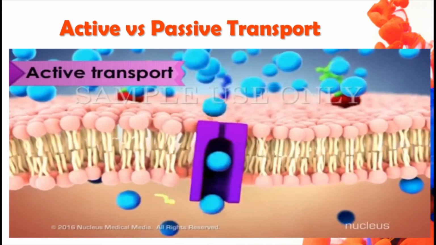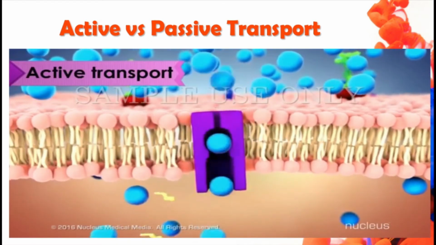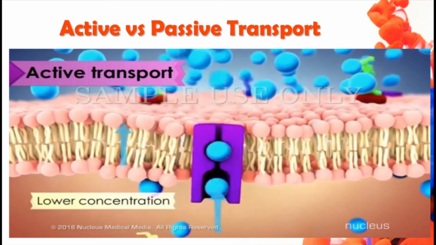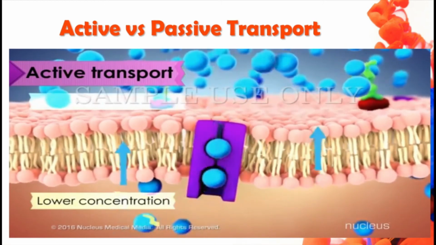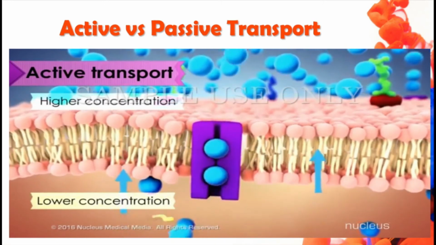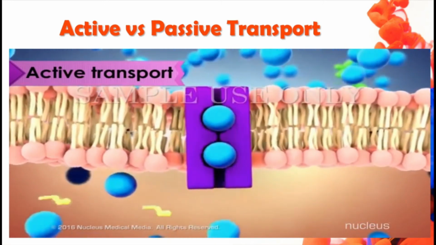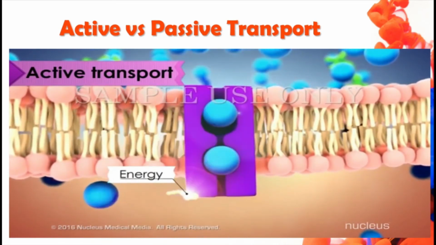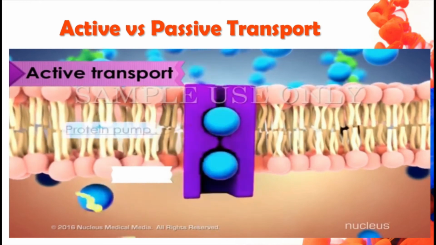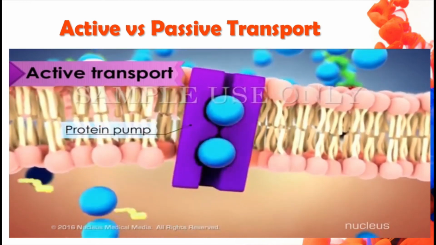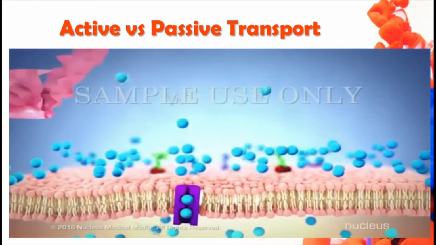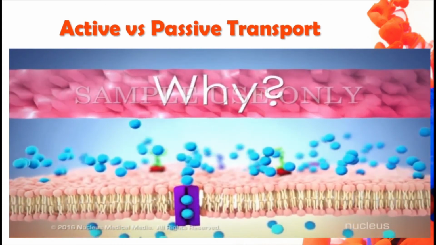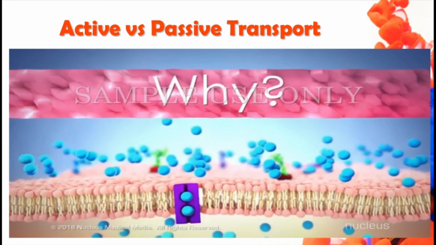The second category of cell transport is active transport. This is when particles move from an area of lower concentration to an area of higher concentration. When particles move against the concentration gradient, energy is required, often to allow protein pumps to assist in particle movement. Why would the cell need to move particles from a low to high concentration and expend energy to do it?